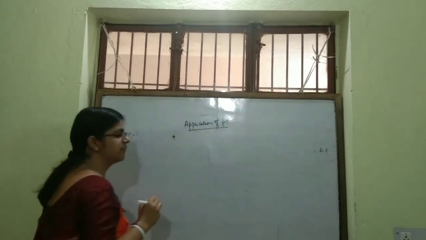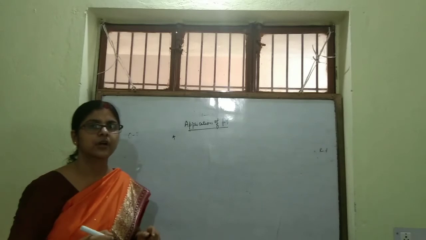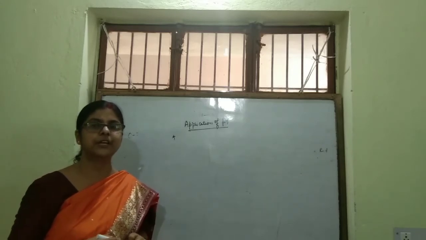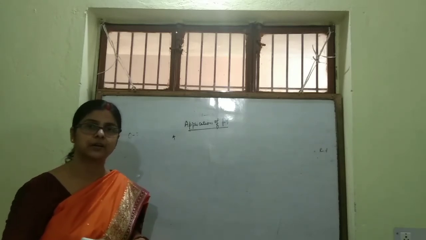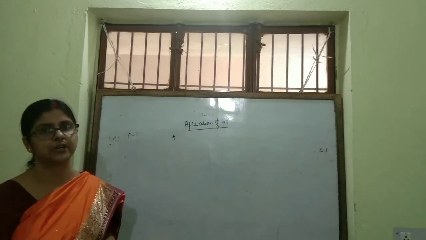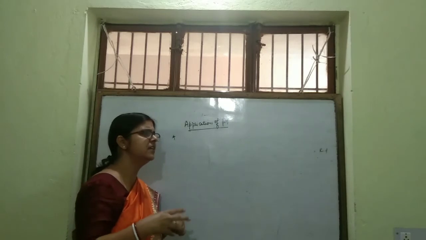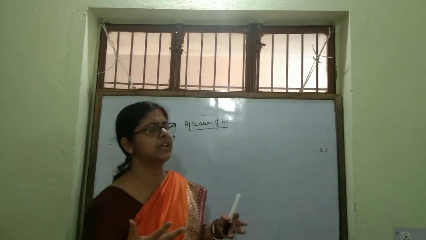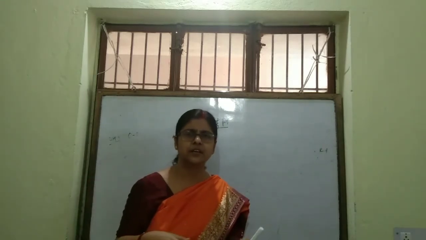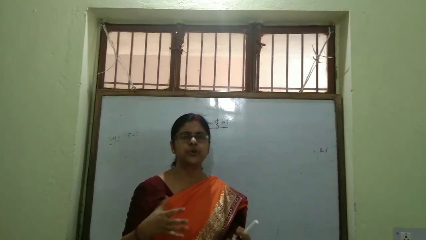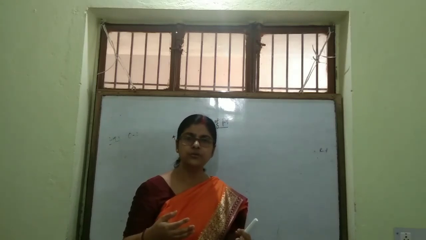First application, pH of our stomach. Sometimes you feel very uneasy and people say that you are suffering from acidity. If you take very rich food, what do you do?